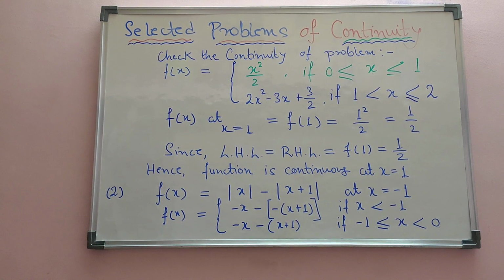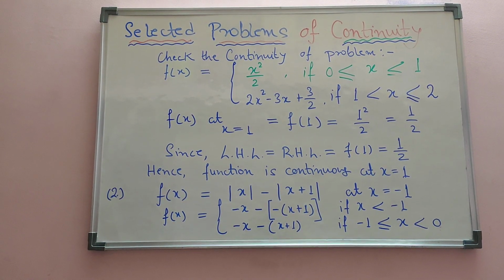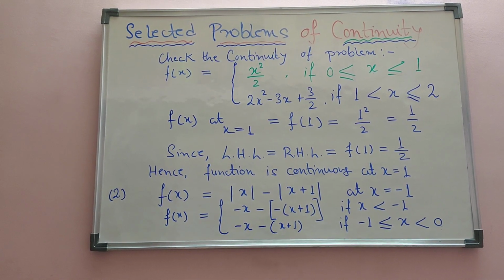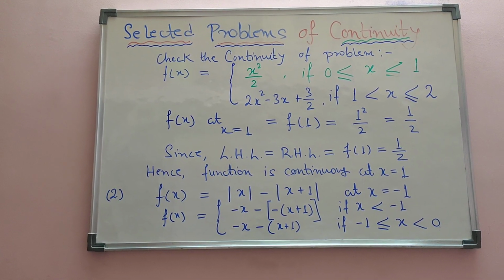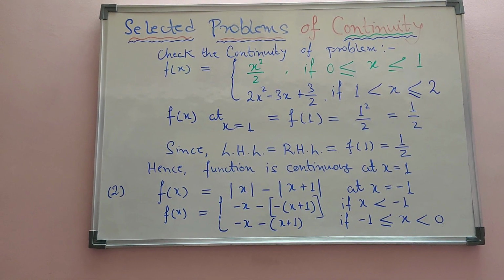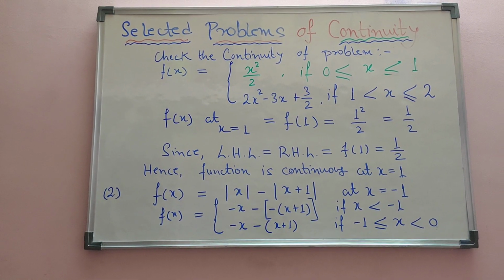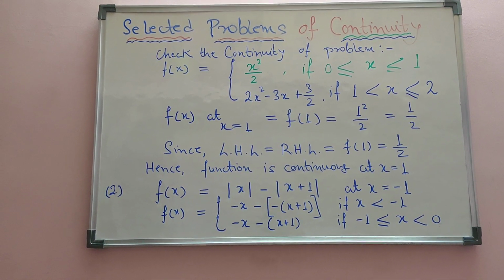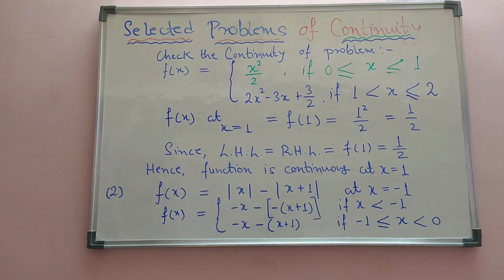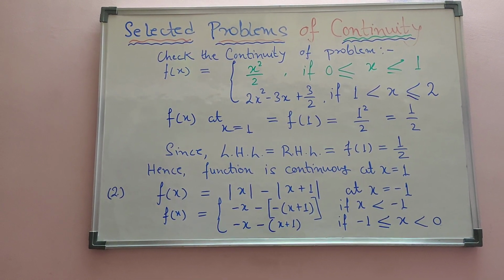So first of all, you know that wherever the mod case will be there, we have to take negative cases as well as positive cases. So first of all, I am taking if x less than minus 1. In that case, what will be? So you know that x less than minus 1 means a negative value, whenever you remove the mod, the negative sign will come.